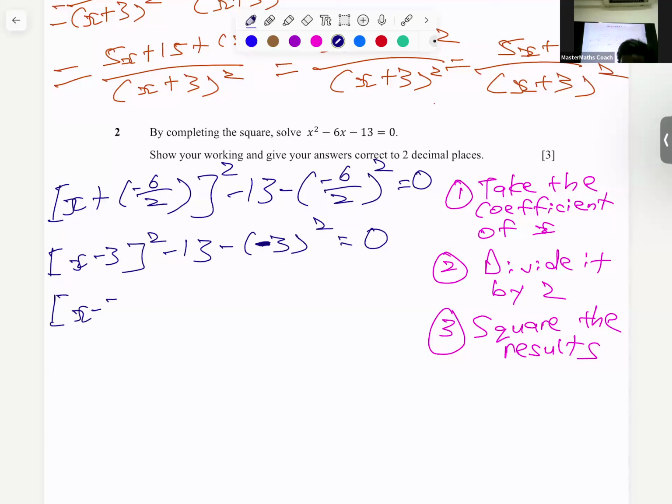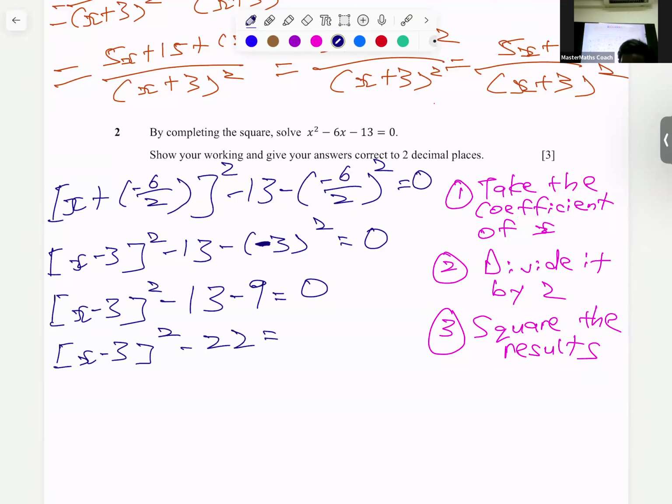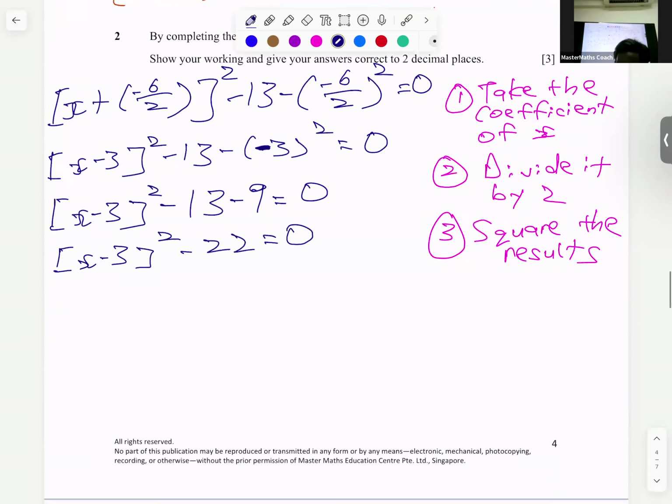This will be x minus 3 squared minus 13 minus 9 equals to 0. x minus 3 squared minus 22 equals to 0.